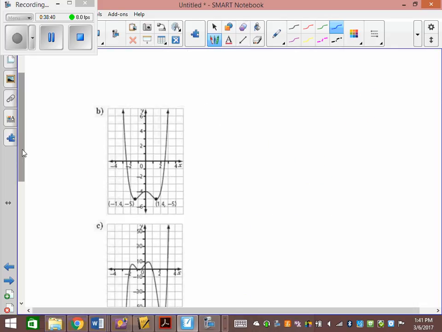So B is quadrant 2 to 1. What degree is it? 4. Coefficient positive or negative? Why? Yeah.